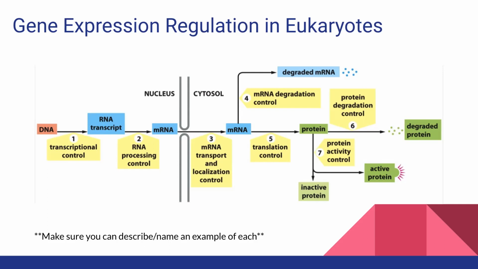Translation control, which includes totally blocking the ribosome binding to the mRNA. If the ribosome can't get to the mRNA, it can't translate it to a protein. For protein degradation, an example would be ubiquitin-mediated proteolysis. If the protein isn't folding properly or isn't functioning properly, it can be degraded. And then protein activity control.